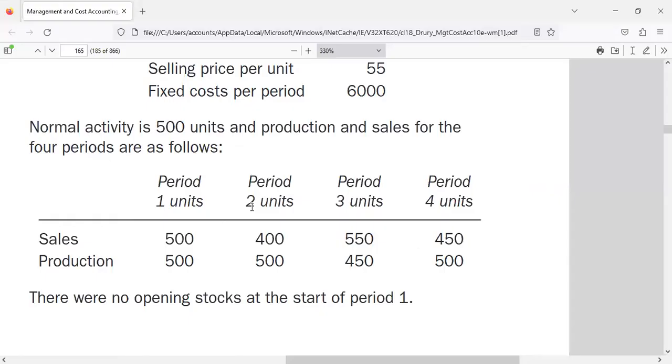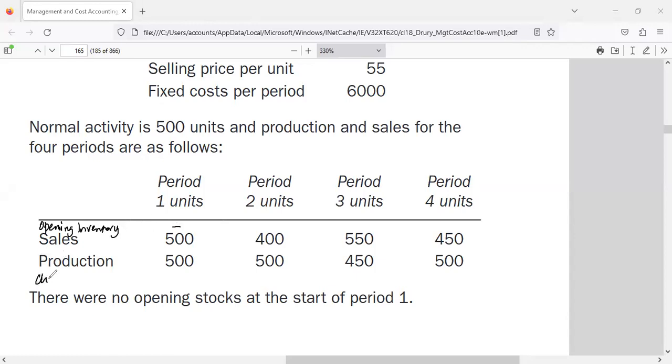So sales, we had computed some of it. I showed you how to come up with the opening inventory. Of course, the opening inventory, if it's not given for the first period, we don't have it.